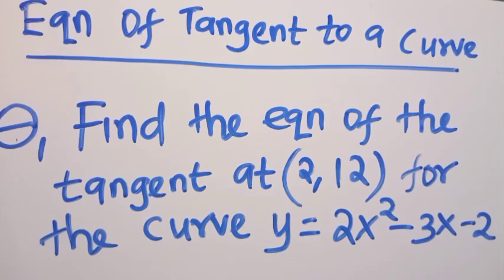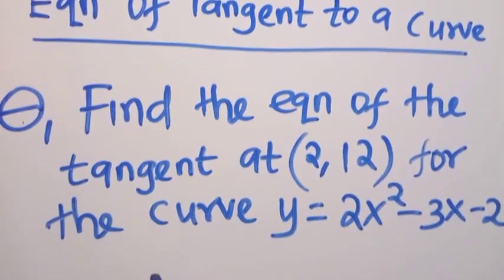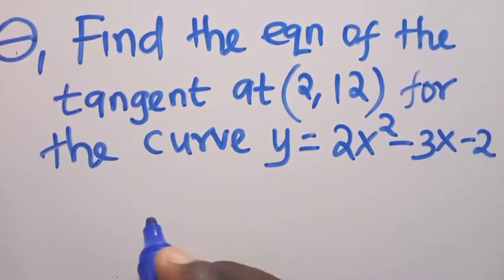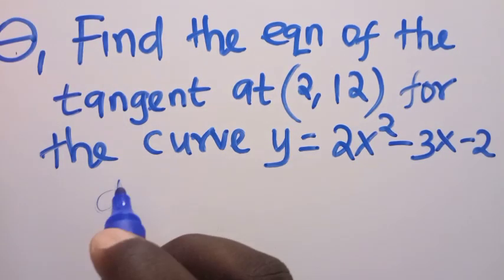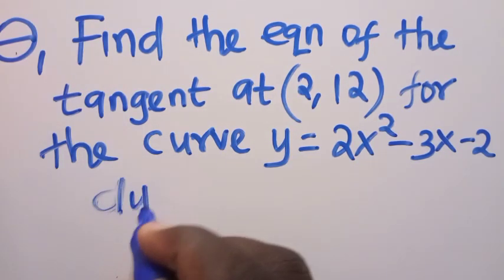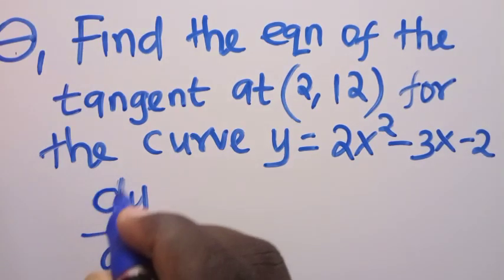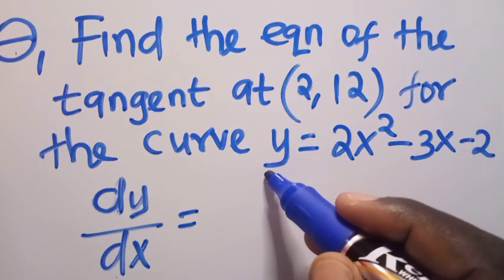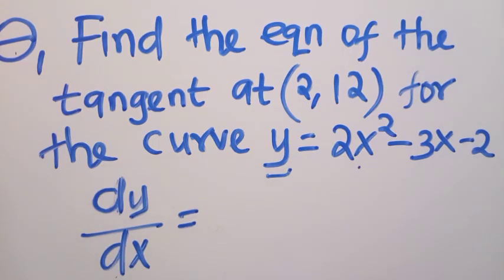Now, the first step that we shall take is to find the gradient function of the curve. The gradient function is just dy over dx. dy over dx equals, that is, we differentiate the function of y with respect to x.